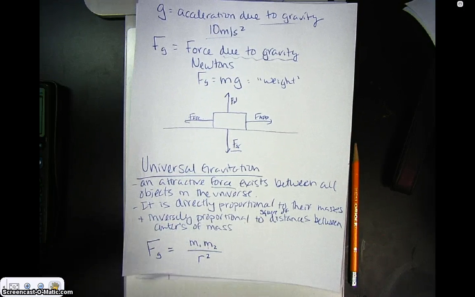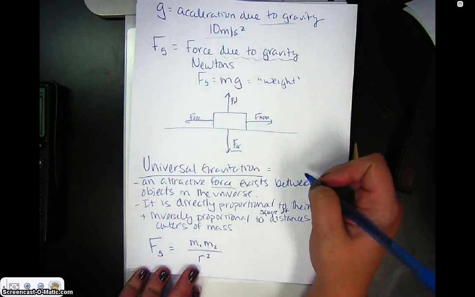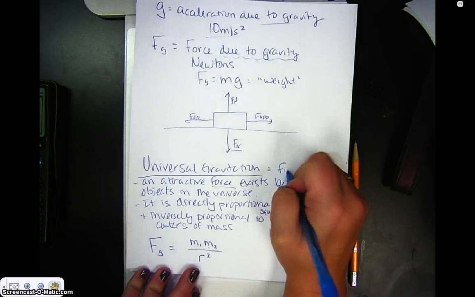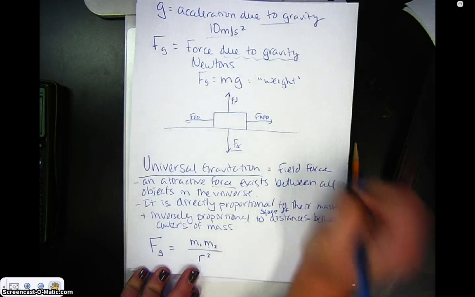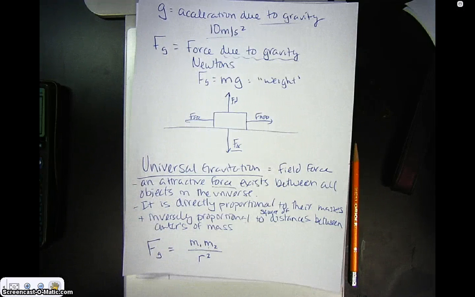It's actually exactly like magnets, because that is also an inverse square law, which is also a field force, which is what we call these forces that exist without contact. If you bring two magnets really close together, they're going to pull on each other. The force is going to be stronger. Or if you pull them apart, the force is very weak.